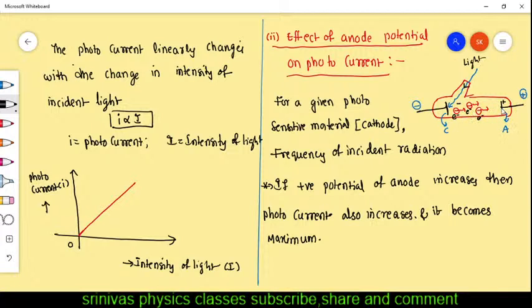But after a certain positive potential, what happens? However many electrons are released per second, that many electrons are received by the anode.